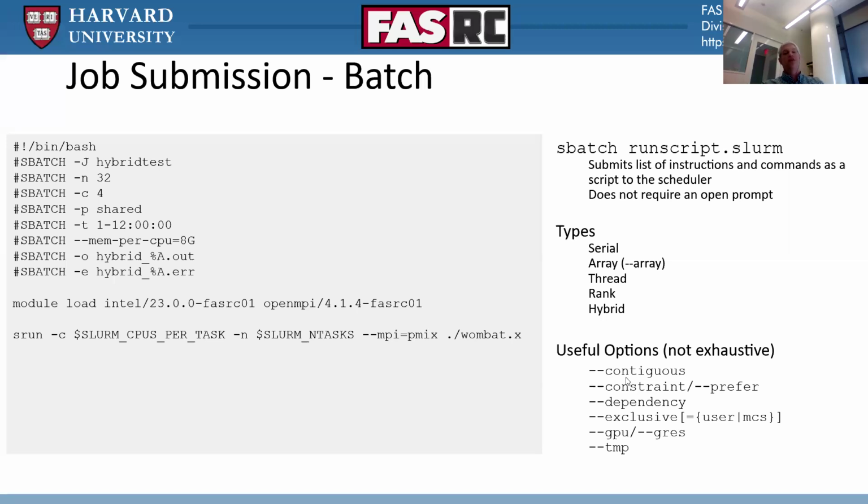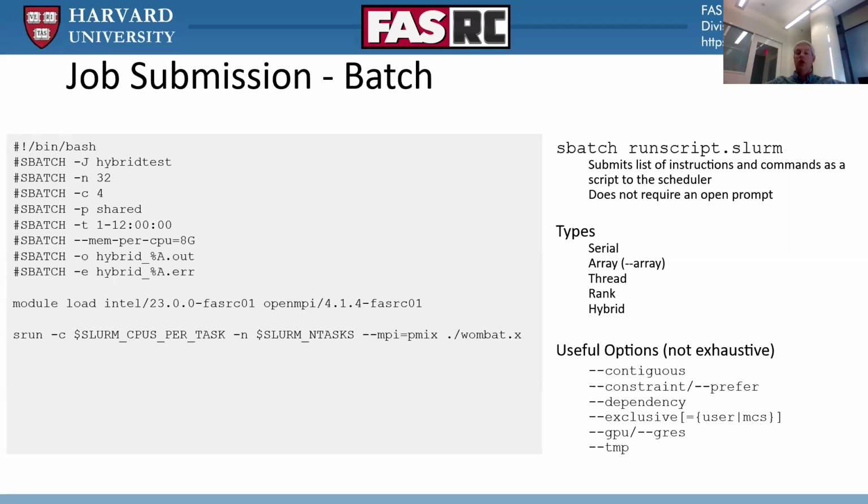So, useful options, and the Slurm documentation is full of these. I invite you to read the sbatch and srun documentation, which has a bunch of these different ones. I'm just going to briefly describe each one. So --contiguous as an option means that you will get a contiguous block of nodes in the scheduler. The way we have nodes named on the cluster is by where they are on the cluster in terms of proximity to each other.